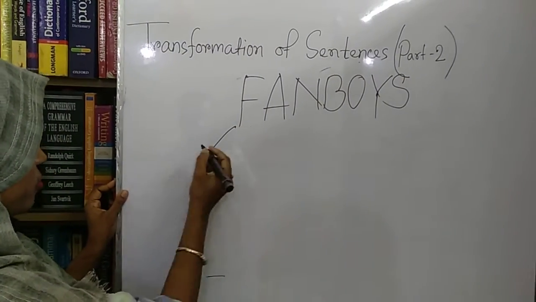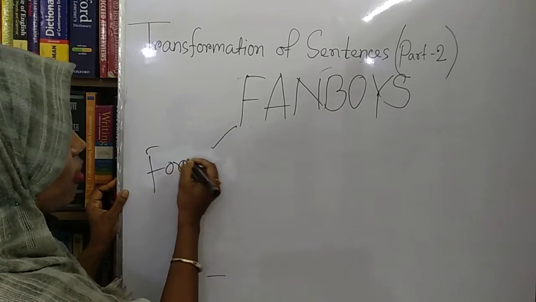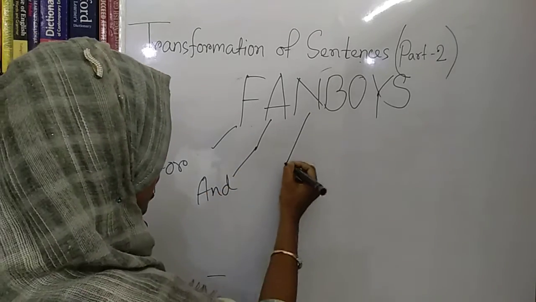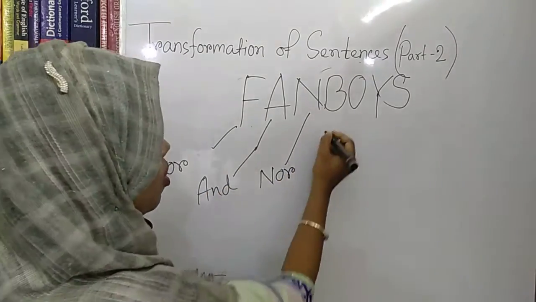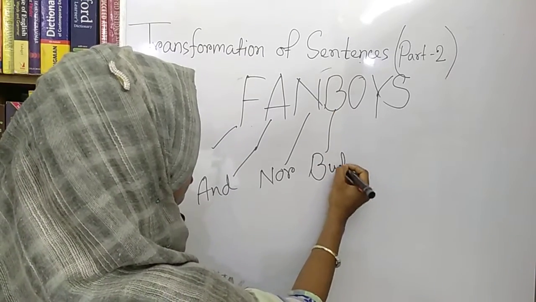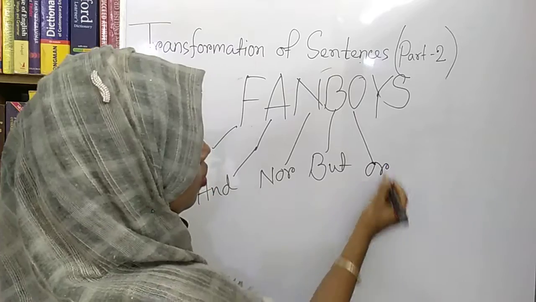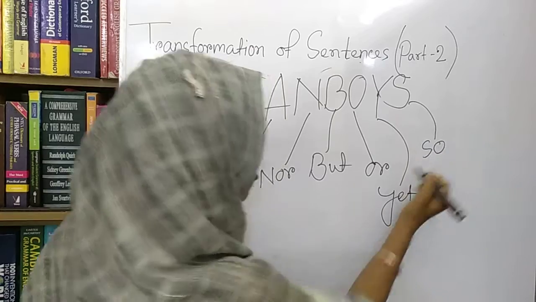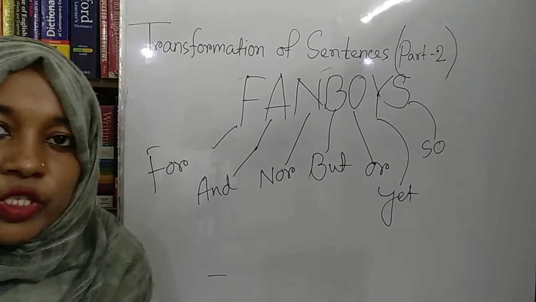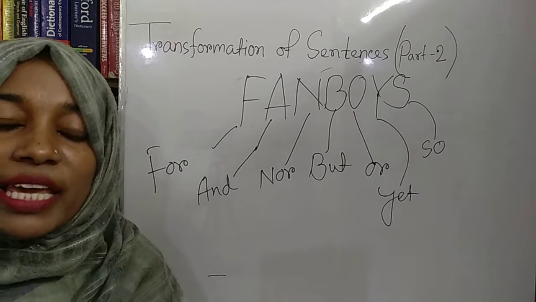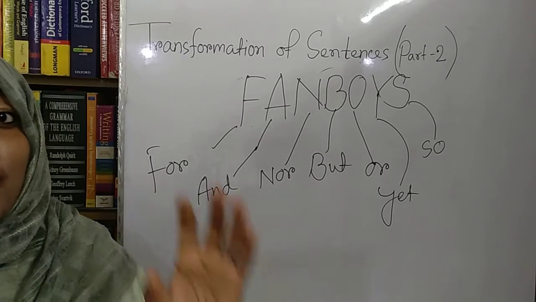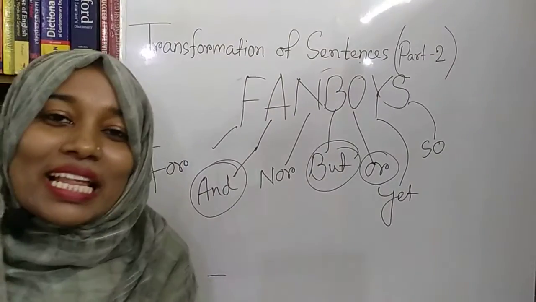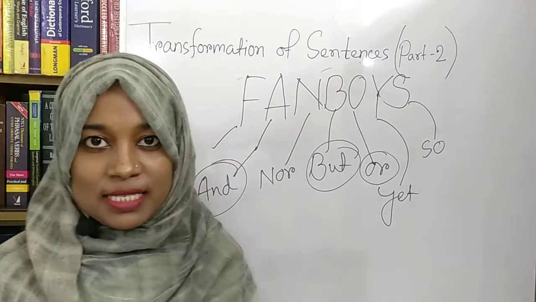Here, F for for, A for and, N for nor, B for but, O for or, Y for yet, and S for so. We can use any one from the 7 for making a compound sentence, but mainly we use and, but, and or. This is all about the compound sentence.